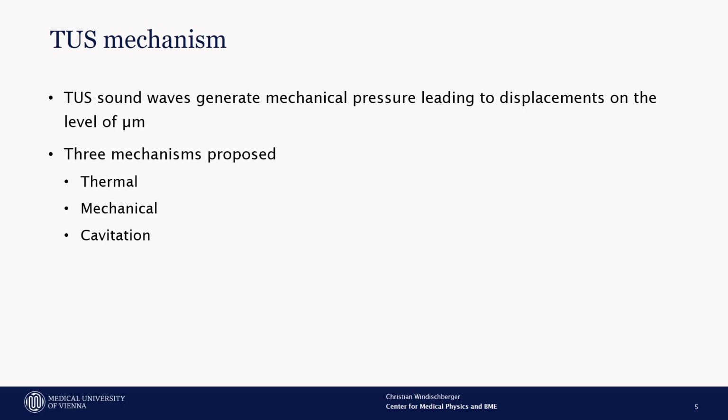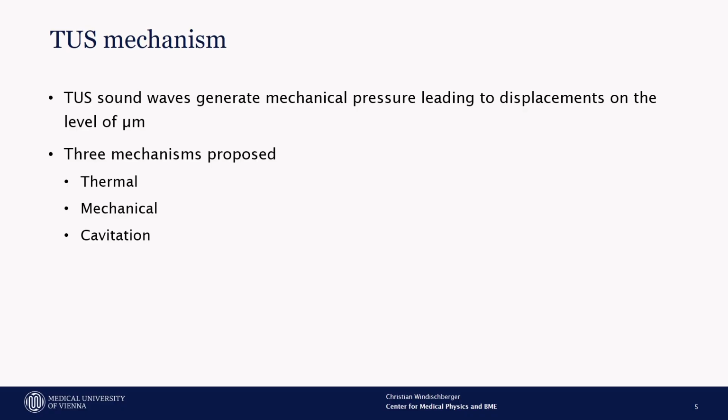Well, number one, the thermal effect. This is what's being used in high-intensity focused ultrasound, so in ablation techniques, where you use ultrasound to get energy into the tissue with a very high spatial specificity. And this is used in ablation techniques to heat up the tissue and degenerate the tissue there.